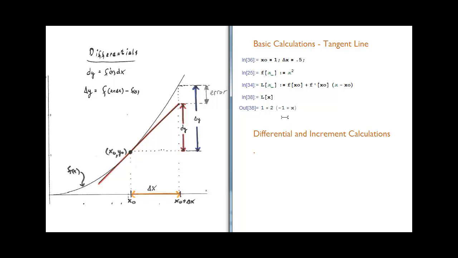And in this case, it looks like the equation of that red tangent line is 2x minus 1.